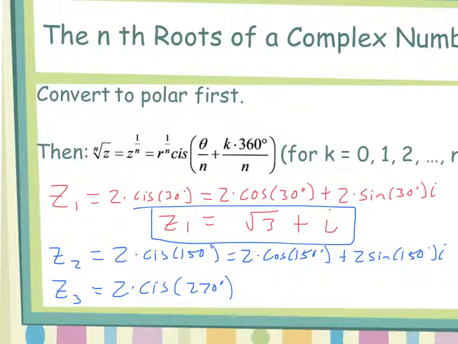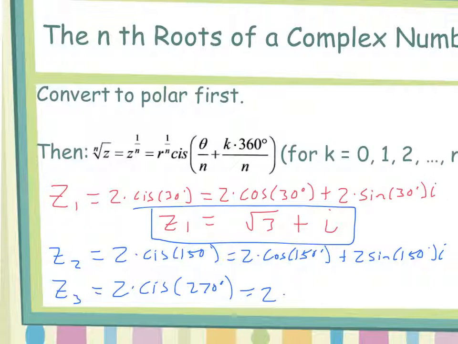I'll leave you to do that one on your own. That's just a unit circle. You'd have to substitute in the values for cosine of 150 and sine of 150 and simplify. That would get you the standard form of the second root.